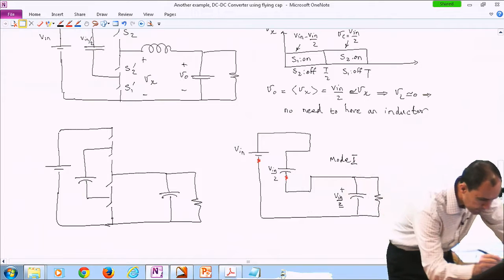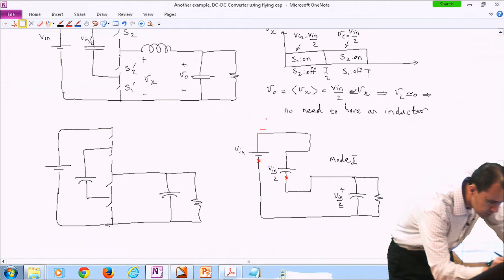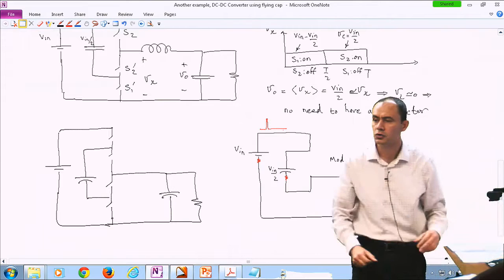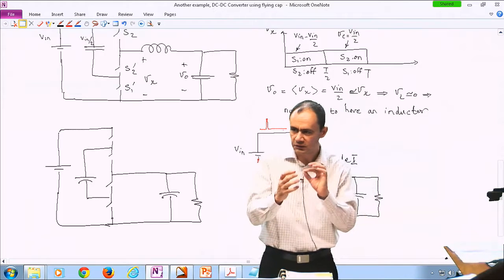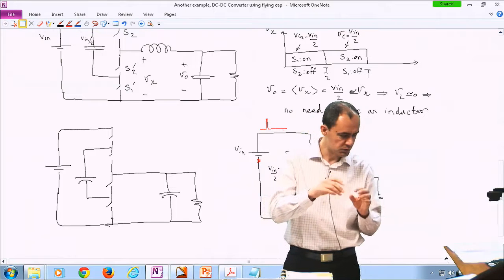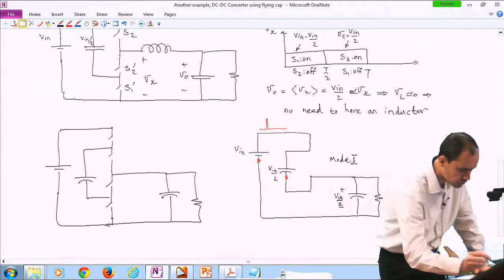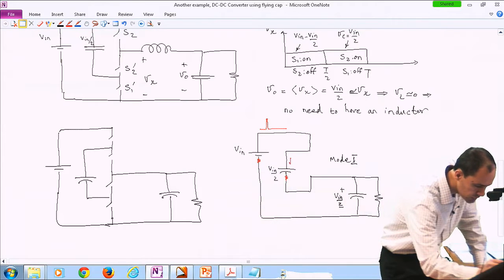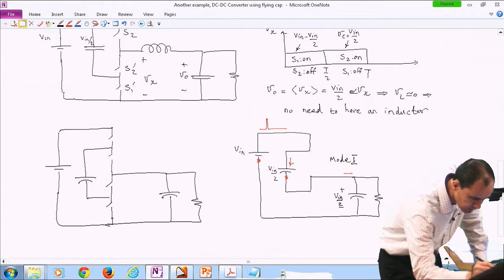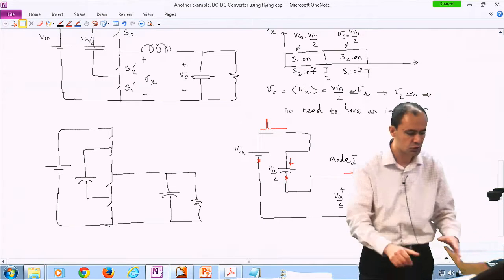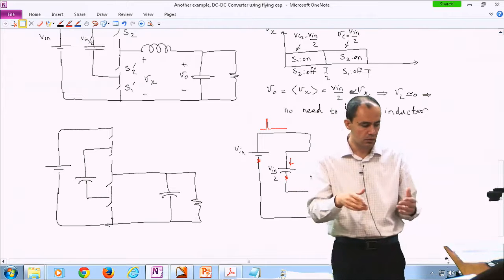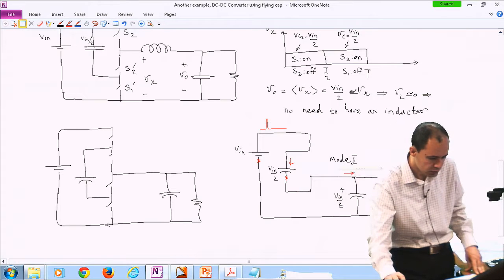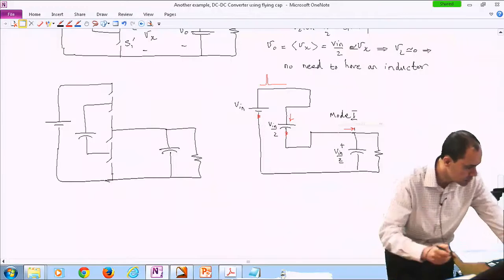So what happens is we are going to have a spike of current and then nothing. This spike of current happens because the voltages are a little bit different from each other. So the source is pretty much trying to charge this capacitor as well as providing charge to the output. So you have an impulse of current, then nothing going on until you jump to the second mode.